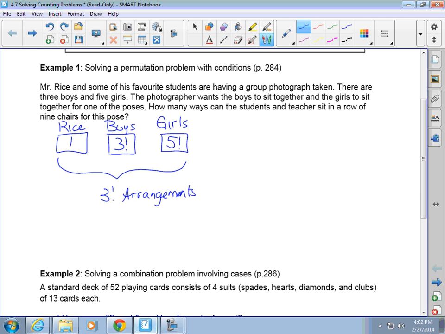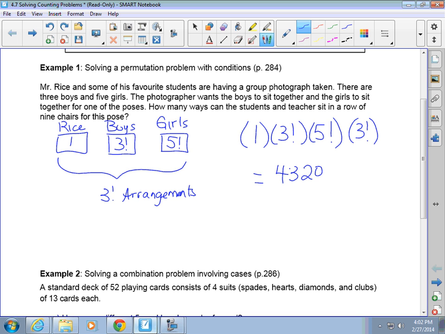So that means that altogether there are 1 times 3 factorial times 5 factorial ways that we can arrange, and then times that other 3 factorial way. So the number of seating arrangements would be 4,320. And you wouldn't think it'd be that many when all you're doing is working with 9 people. But because those people can be arranged differently within their groups, you have to include all of those.